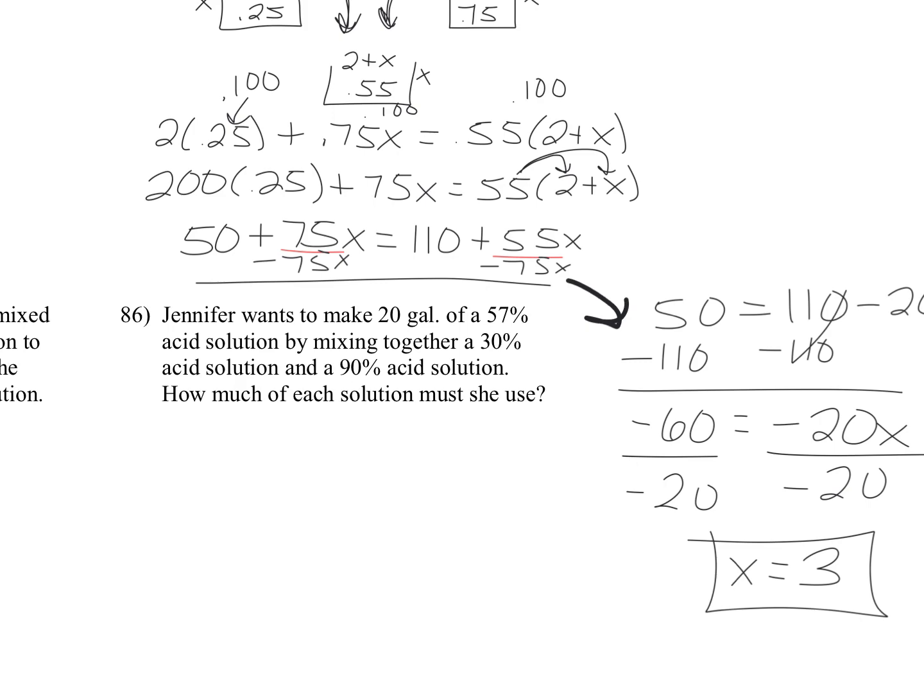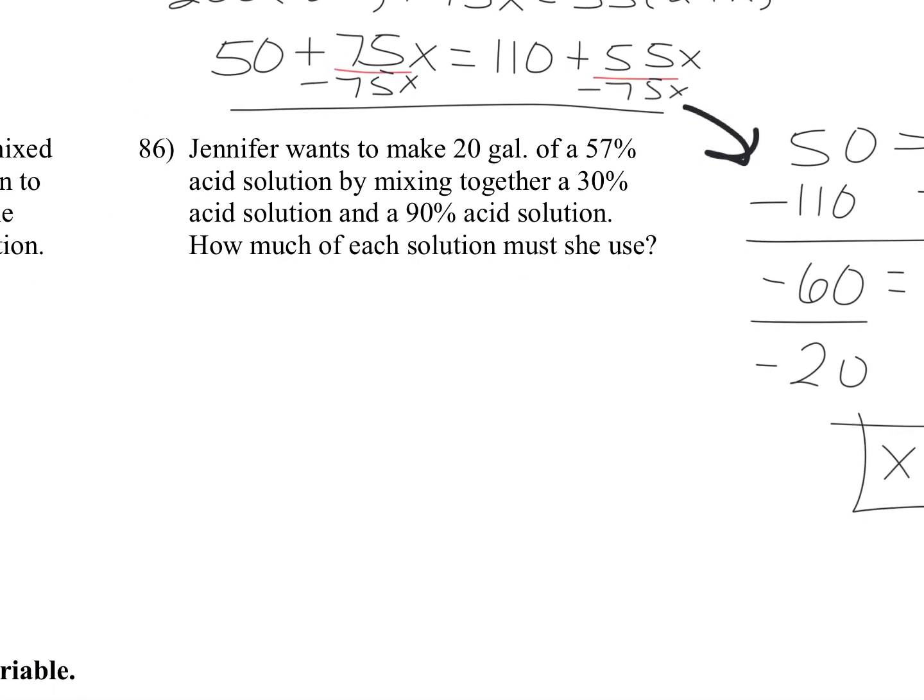All right, let's set up 86. Jennifer wants to make 20 gallons of a 57% acid solution by mixing together 30% acid solution and a 90% acid solution. How much of each acid solution must be used? Draw a picture. Remember, we're adding.